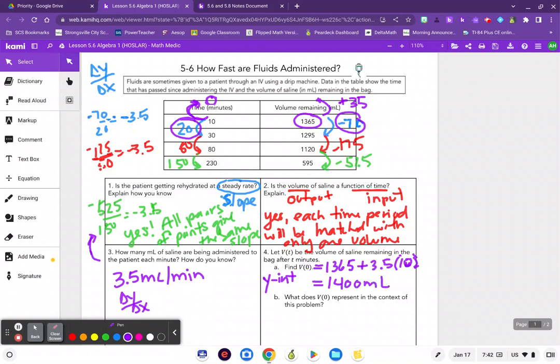That's the initial amount. So it says, what does V sub 0 represent in the context of this problem? The drip bag started with 1400 milliliters of saline.